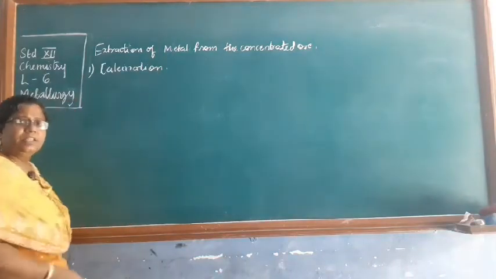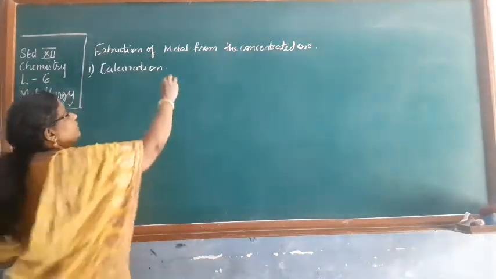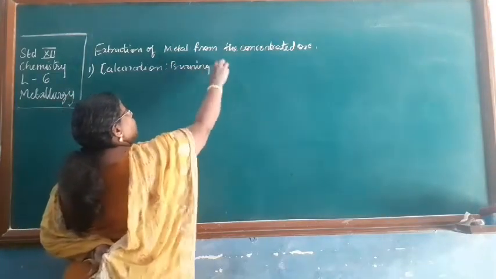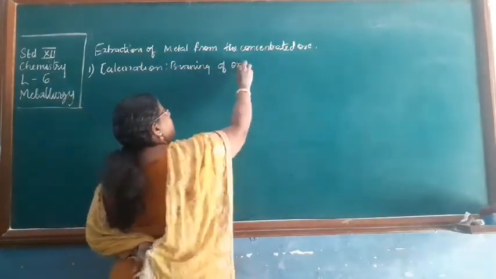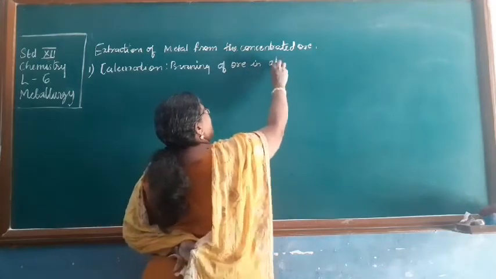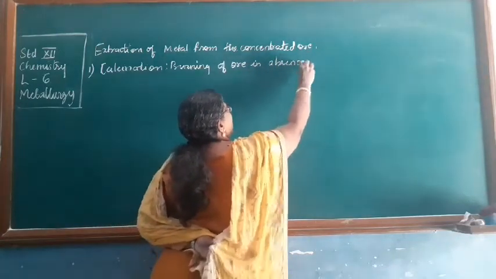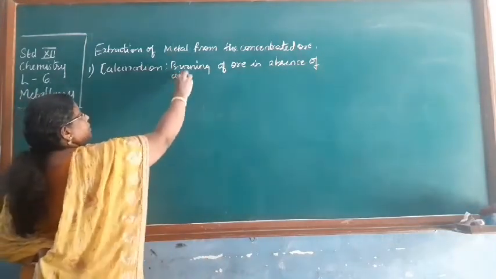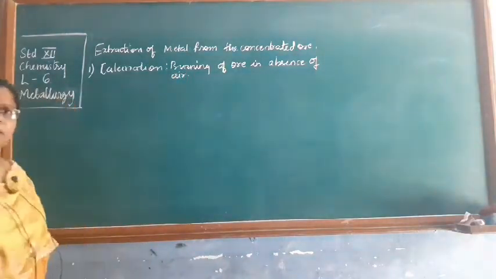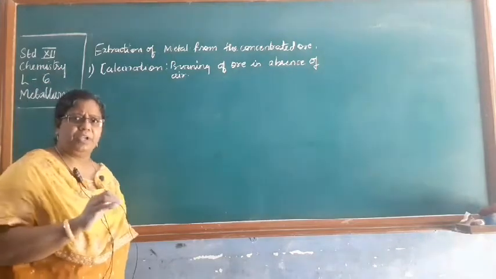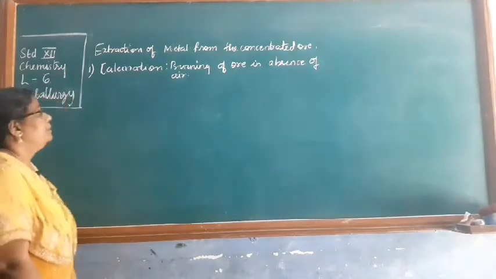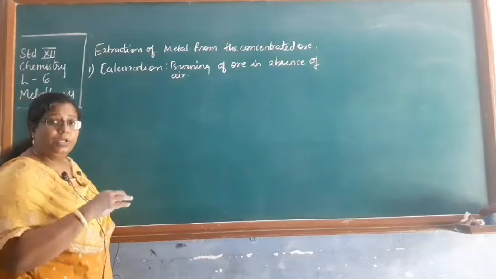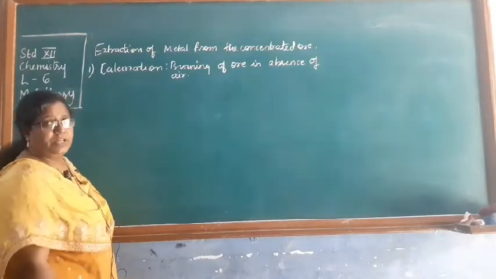Calcination means burning of the ore. It is burning of ore in absence of air, that is, without air or with a minimum amount of air. When you are burning the ore, you will be converting the ore into the oxide form.